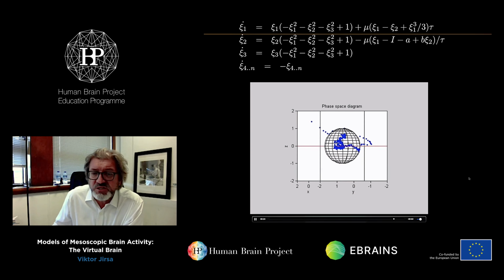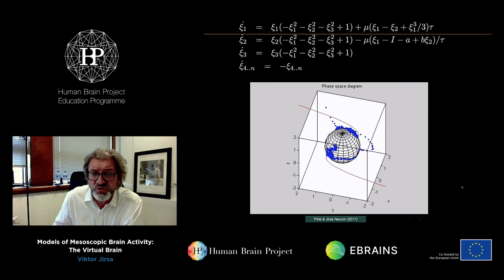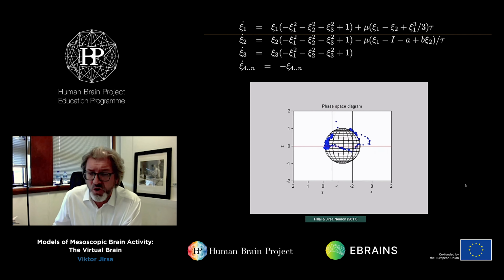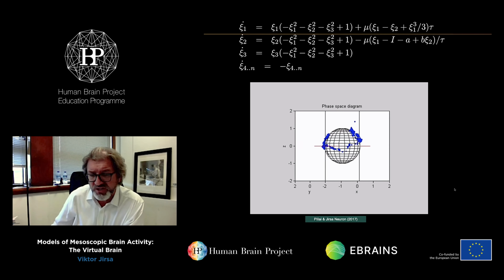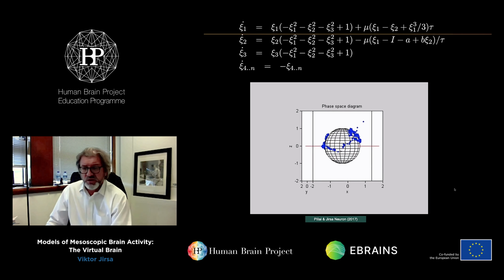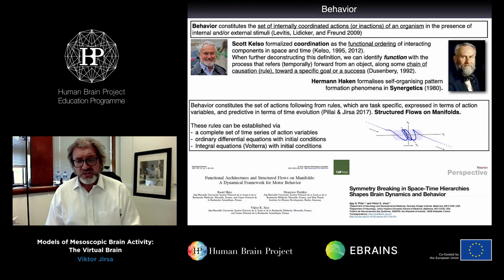Here the situation becomes less trivial and less obvious anymore, but all the concepts hold and prevail and scale up actually to very high dimensions. And this is actually important for today's talk, but also for the talk later when Scott Kelso will talk to you about behavior. He's actually one of the leading researchers who has established the field of coordination dynamics.